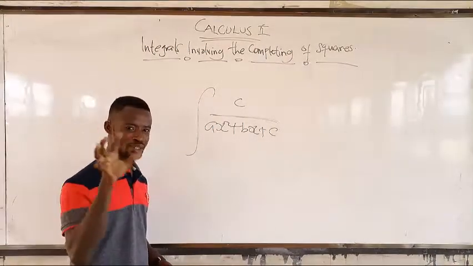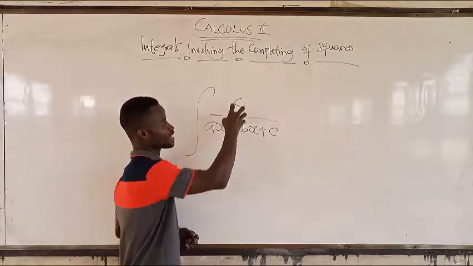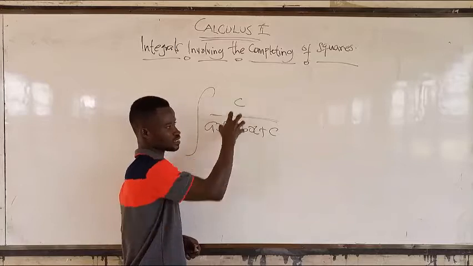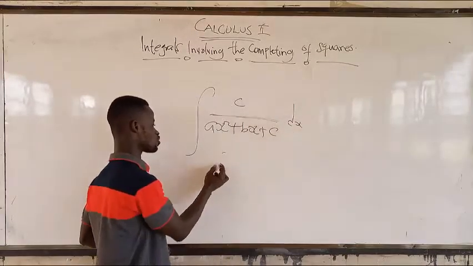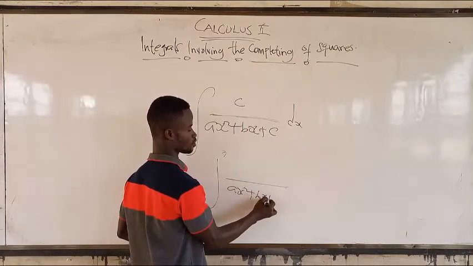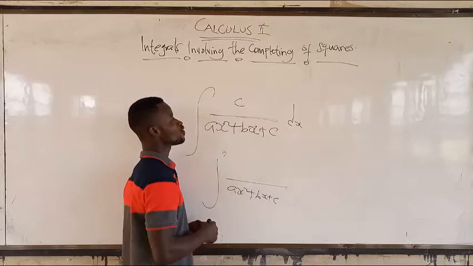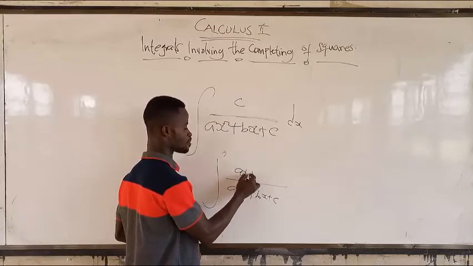Please, the most important thing I want to emphasize in this video is that we are going to look at the case where the numerator is a constant. We will also have the case where the numerator is going to be linear, like ax plus b.